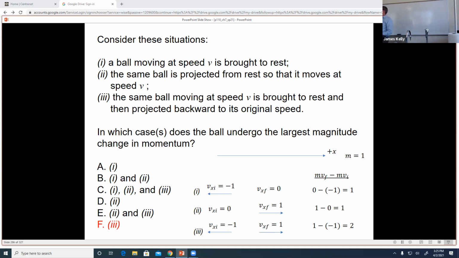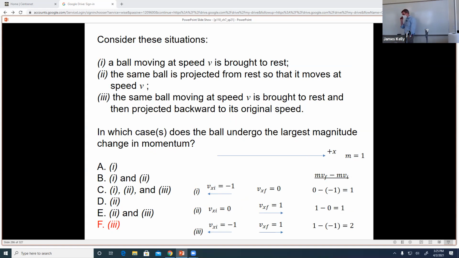When I get it from going in this direction to the same speed in that direction, that's a big change in its state of motion. I've completely reversed it, so it corresponds to a large change in momentum. We're going to use this kind of counterintuitive argument later on in some other voting questions to decide some things. But for most people, that's kind of counterintuitive.